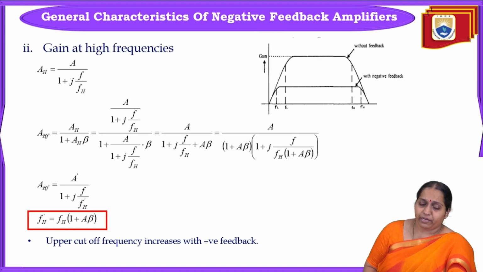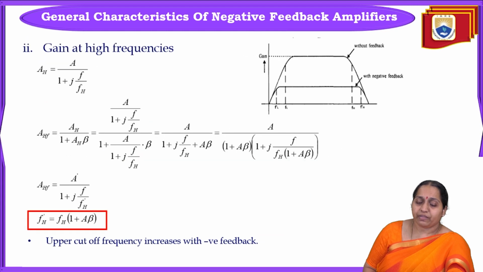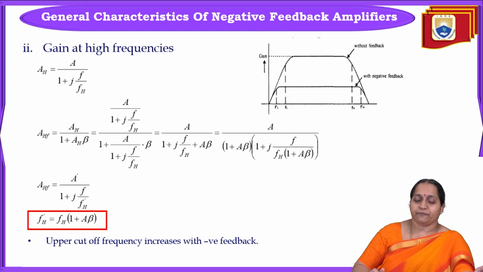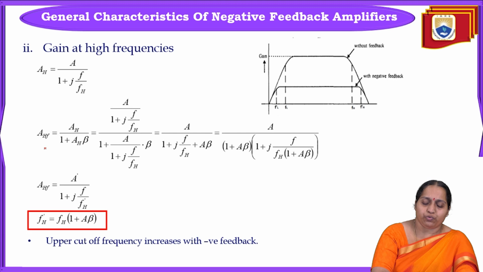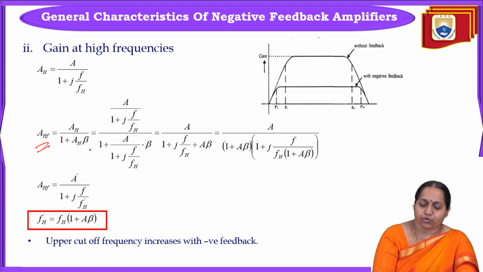Here it is A by 1 plus j into f by FH. There it was FL by f, and here it will be f by FH and with plus sign. So now AHf with feedback, if you take, it is equal to AH by 1 plus AH into beta, that is A by 1 plus A beta form.